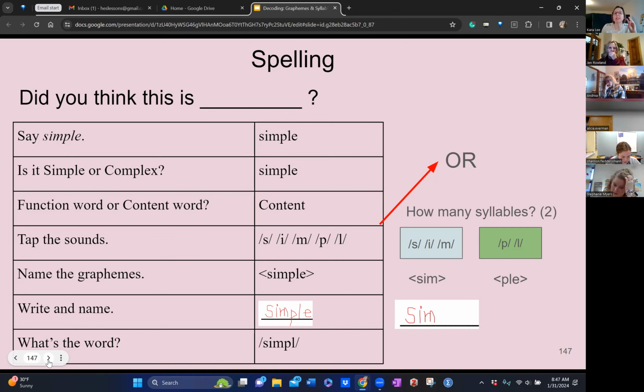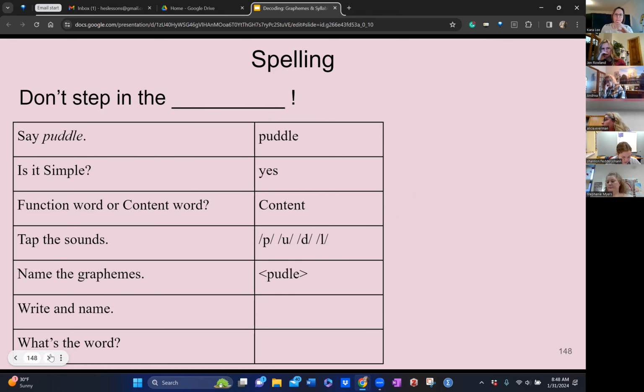They've announced a silent E before. Where have they announced it before? In vowel consonant E words, like home, H-O-M-E, right? And then I write and name. Notice I'm not putting a space between the sim and the pull. It is one word. Your student might try to do that. They might put a space. And then what's the word? Simple. Okay.